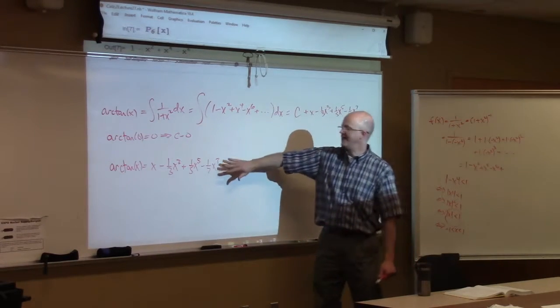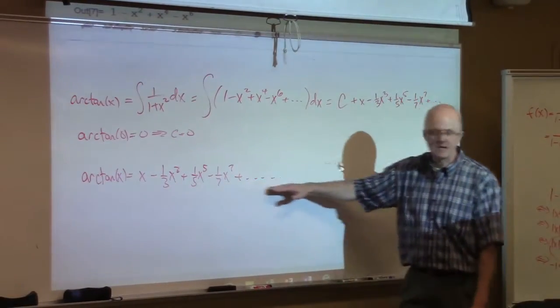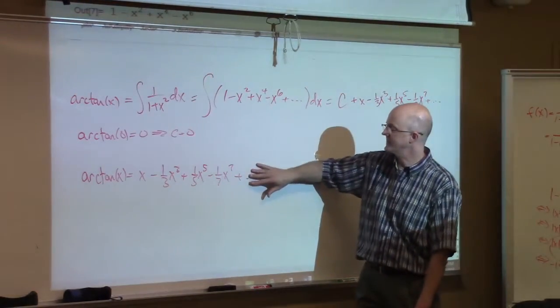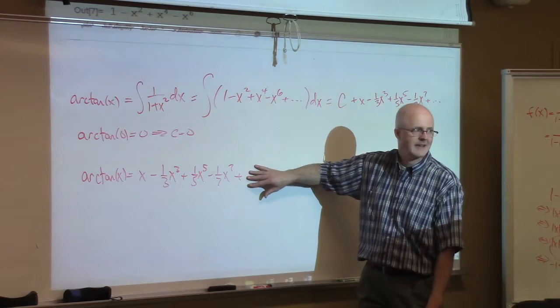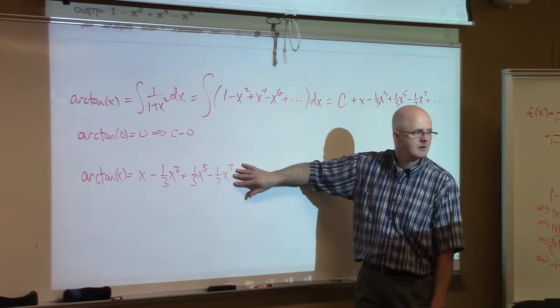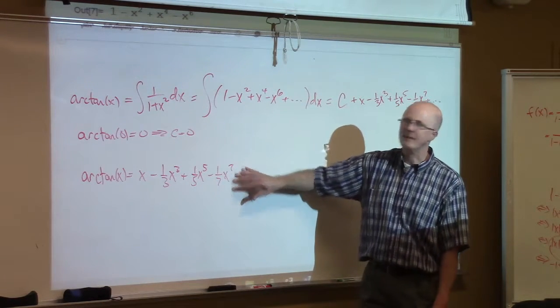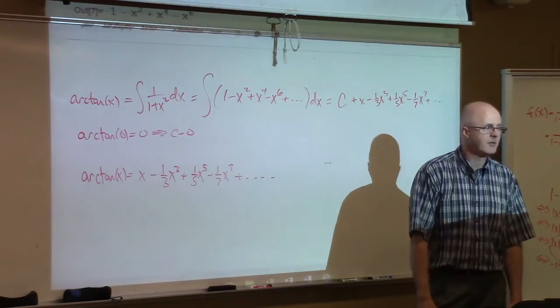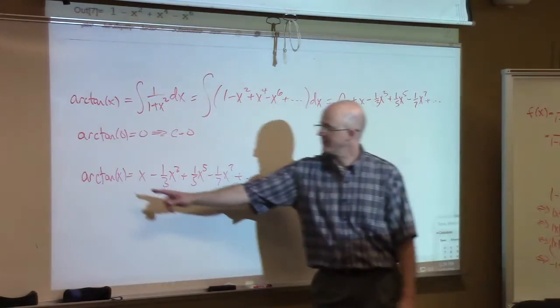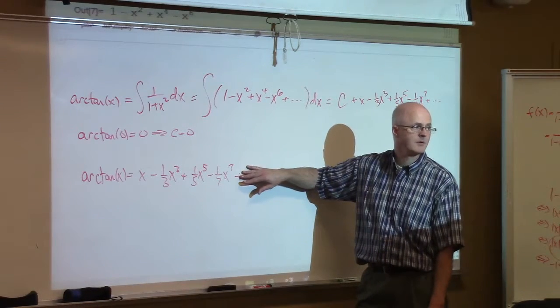We can truncate this anywhere we want to get a finite Taylor polynomial of degree 7, for example. It's constructed in such a way to make the derivatives match up at 0. The graph of this and any finite truncation should be pretty close together when x is near 0.